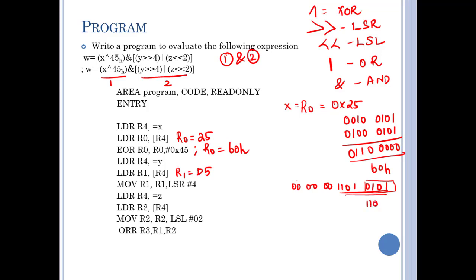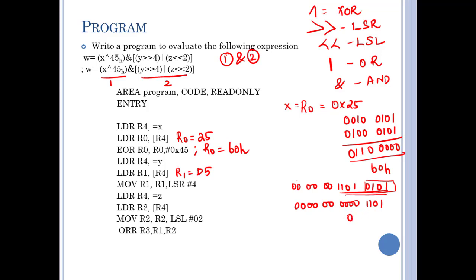So 1101 will be coming here, 0000 will be here, and the rest retained. After right shifting, the emptied 4 bits will be filled by zeros only.